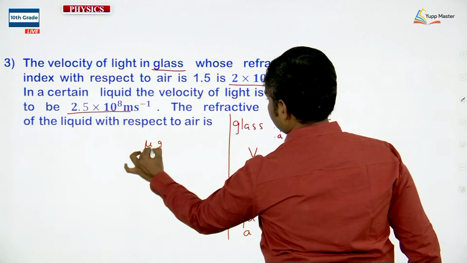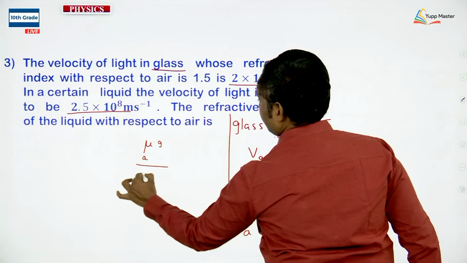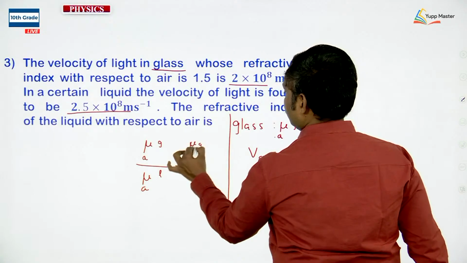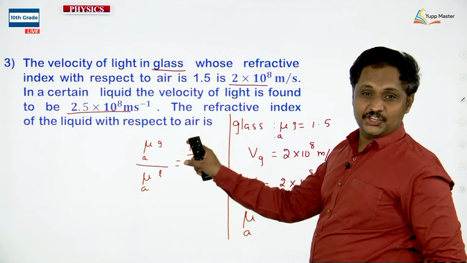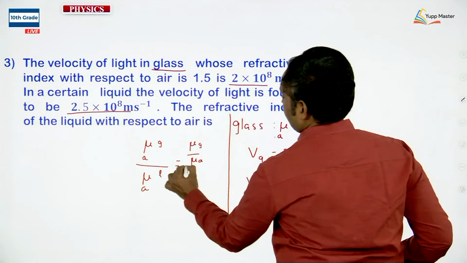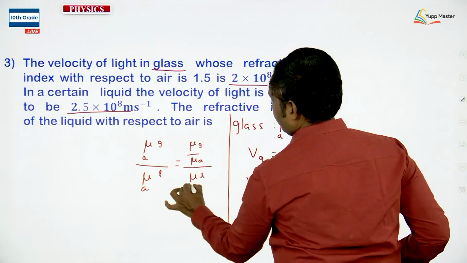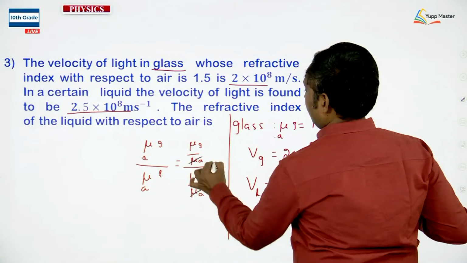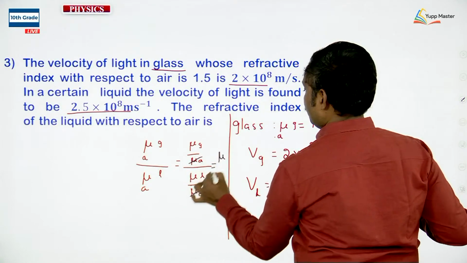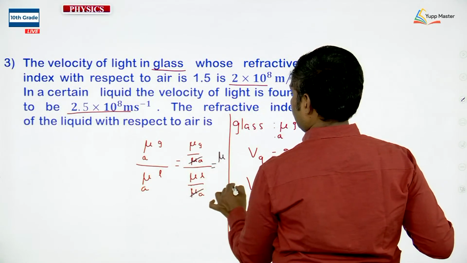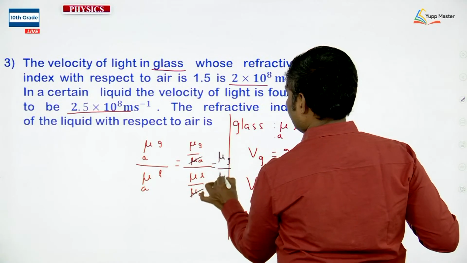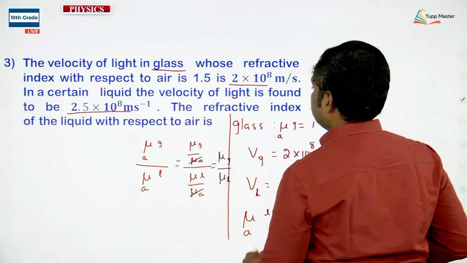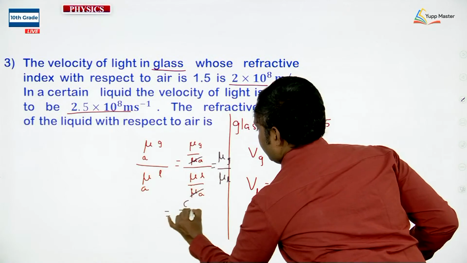Mu G by mu A, that is mu G air, is equal to mu G by mu A. We are going to take that ratio of the two relative refractive indices, that is, whole upon mu L by mu A. We are going to cancel the term, that is equal to mu G by mu L. So it is equal to C by Vg.